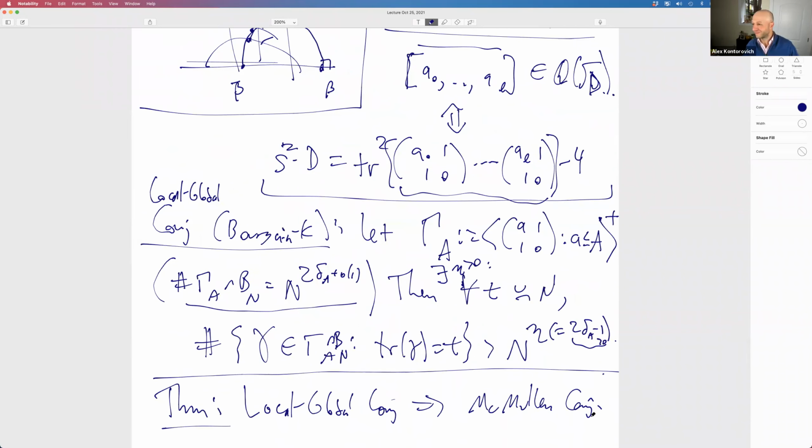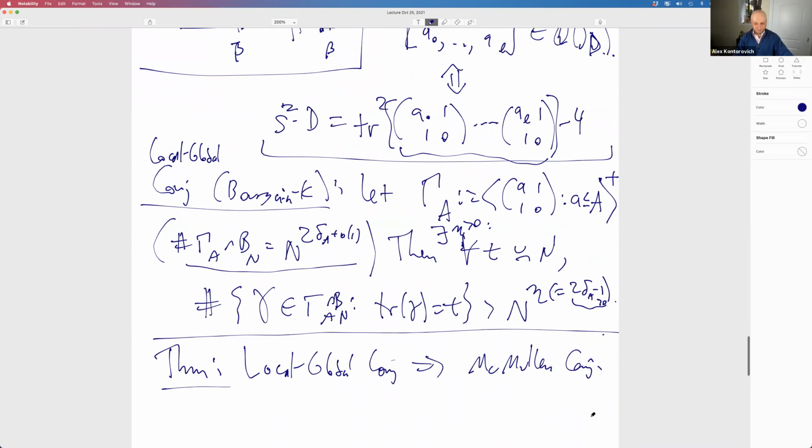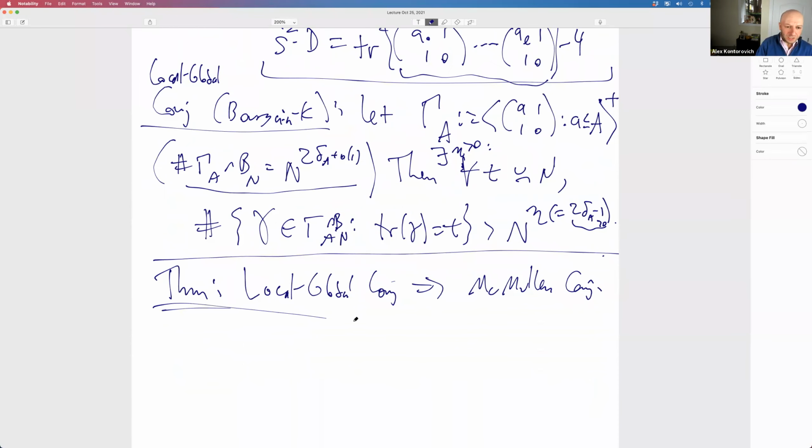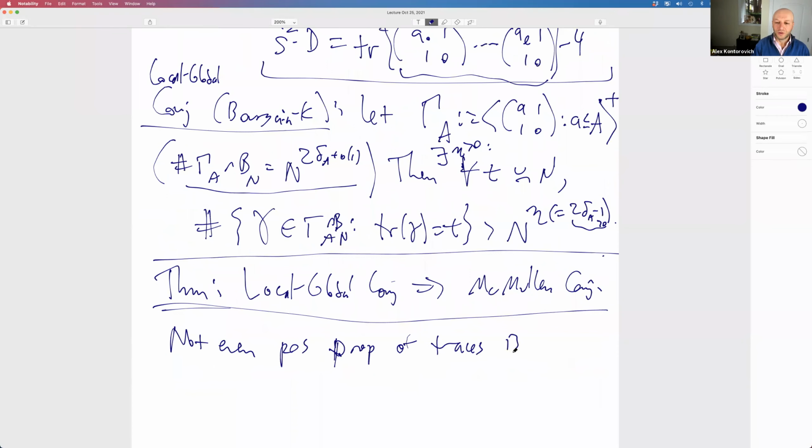Now, the conjecture is completely wide open. Not even a positive proportion of traces is known today. And we're saying not only is every trace represented, but every trace is represented exponentially many times, or at least in this formulation, polynomially many times.